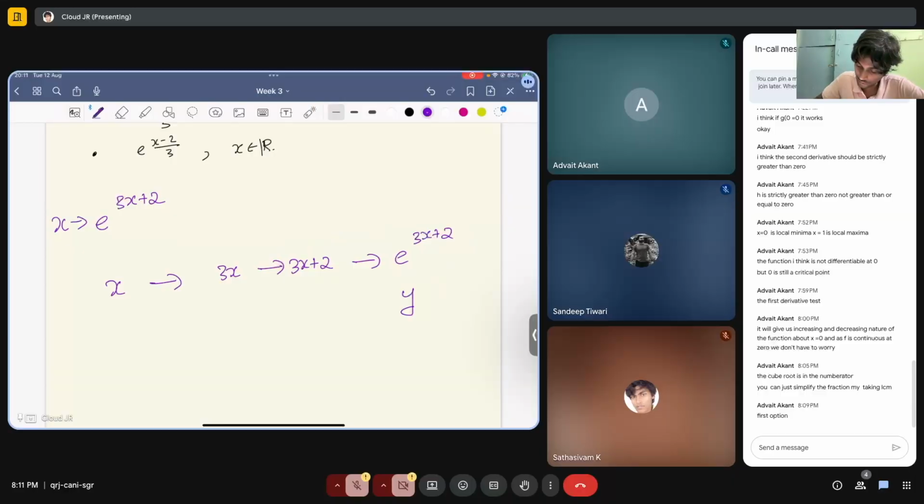The inverse is basically log y, right? This function is just the exponential, so when I come back, I'm just taking the logarithm. In this one they are writing ln, it's the natural logarithm.